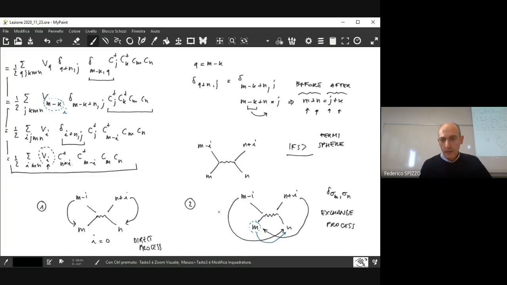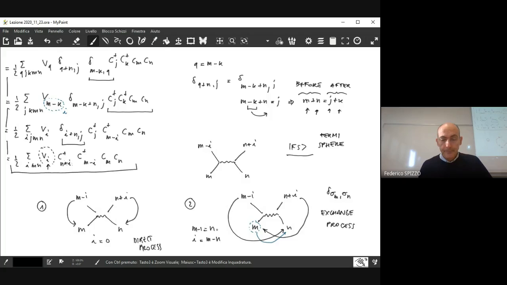I forgot to include the constraint here concerning the index. In this case, m minus I has to be equal to n, so I is equal to m minus n. The same condition comes from the constraint that n plus I has to be equal to n.